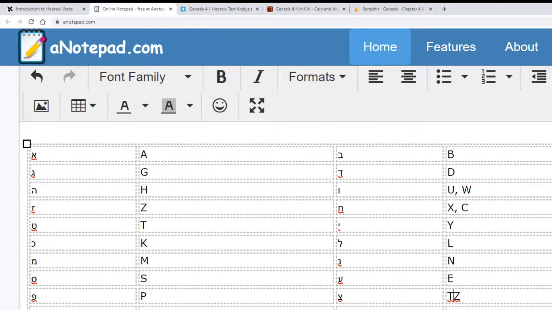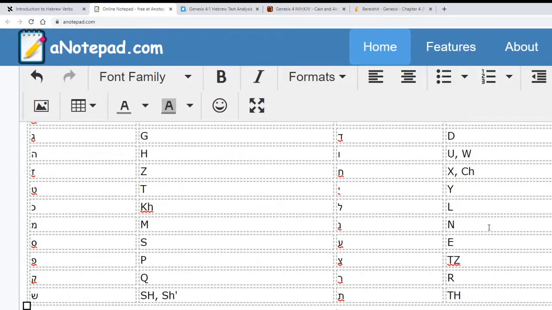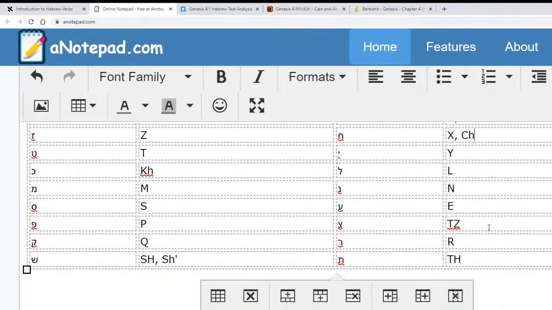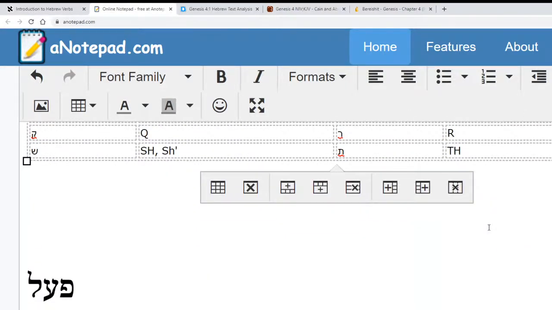Some people will use S for a sin or an SH. Some people do use capital letters and then lowercase letters, for chaf they'll do like that, right? Or het, they'll do like that. Again, it's up to you how you want to do it. There is no standard way. I've seen it in many different ways, but to keep track of it.